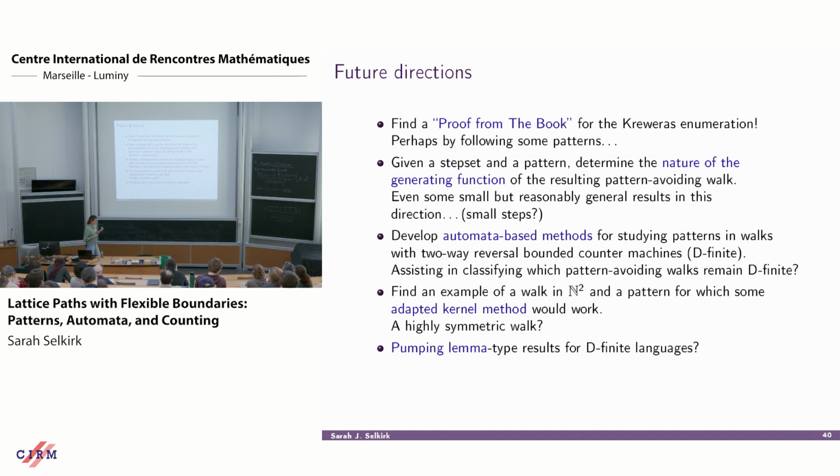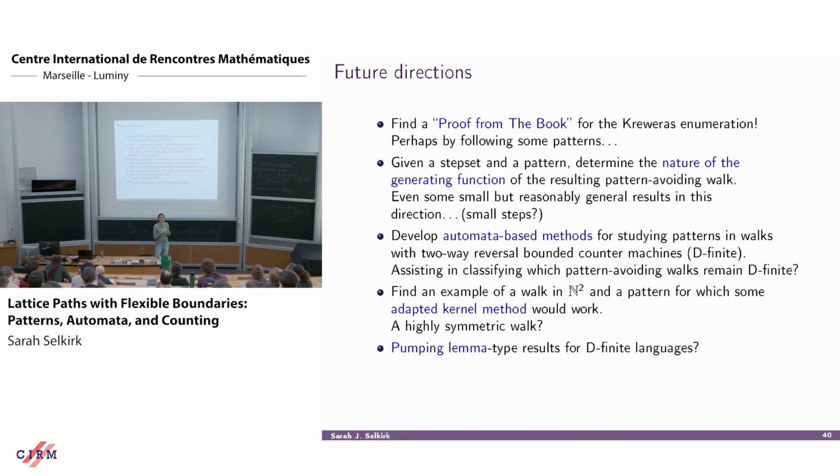The next one, as I mentioned previously, is there's no real way to classify what's actually happening in the generating functions when we're avoiding patterns in walks in the quarter plane. So determining some sort of classification, even just a really small one. So then also, perhaps studying walks in the quarter plane can be done by using things like these two-way reversal bounded counter machines.